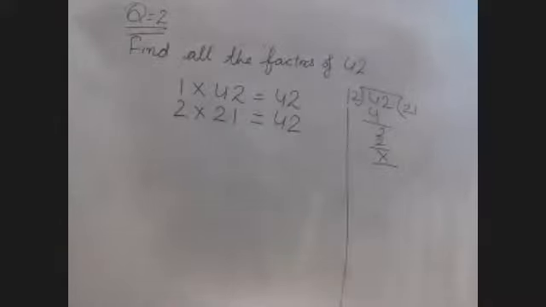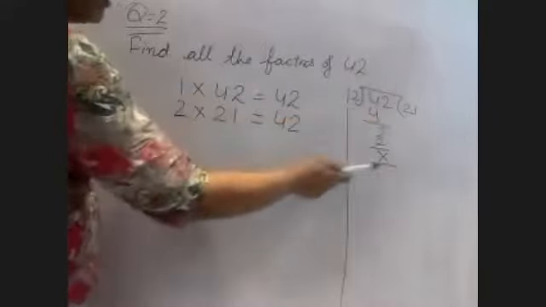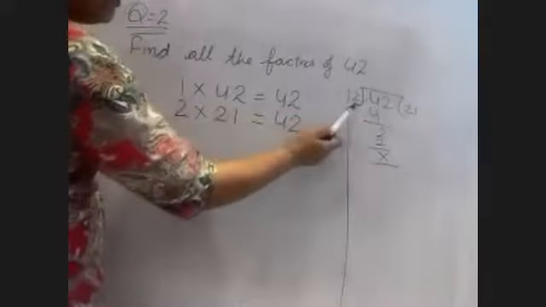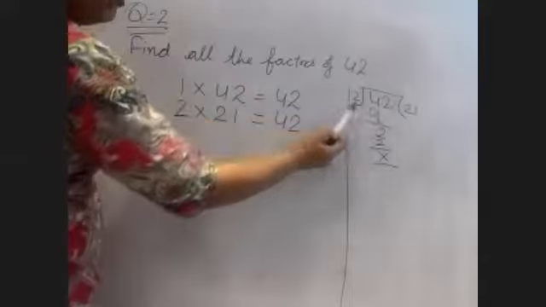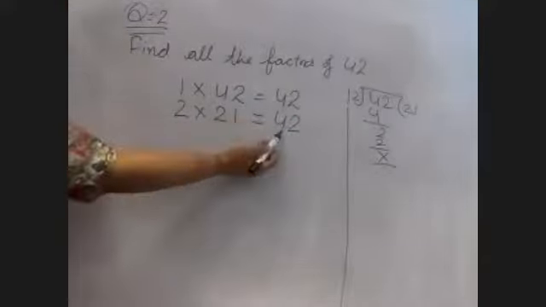After 1, we have number 2. 42 divided by 2, we get 21 as a quotient and remainder 0. It means 2 and 21 both are factors of 42.